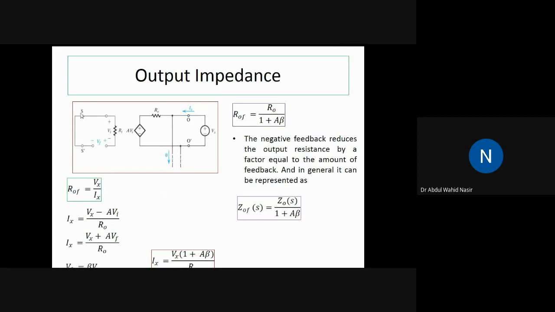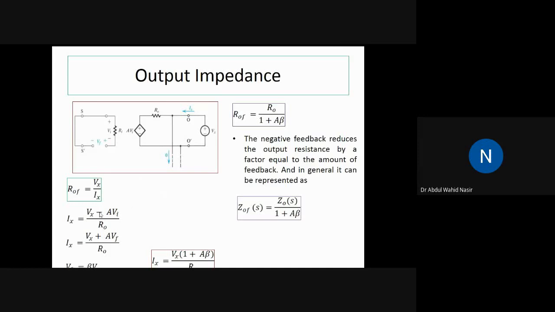Now, all of you see here, since at the input side there is no Vs, Vs is not there. We know that Vs is equal to Vi plus Vf. Since there is no Vs, this is 0. So we will have the relation 0 is equal to Vi plus Vf, or Vi will be equal to minus Vf, or Vf is equal to minus Vi.